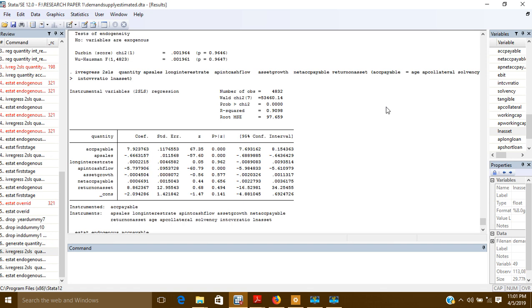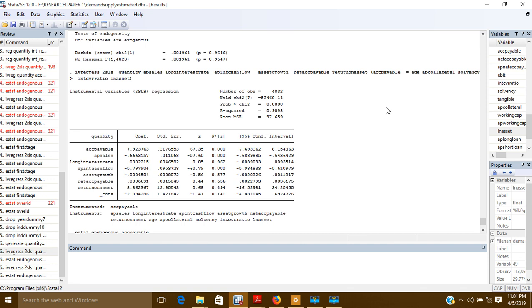When your number of additional instruments exceeds the number of endogenous regressors, then we can test whether the instruments are uncorrelated with the error terms or not. If the model is just identified, meaning there is one endogenous variable and only one instrumental variable, then we cannot perform a test of over identifying restrictions.